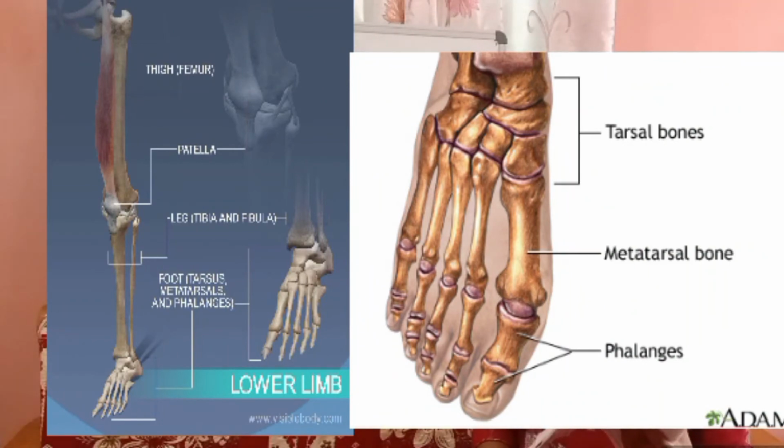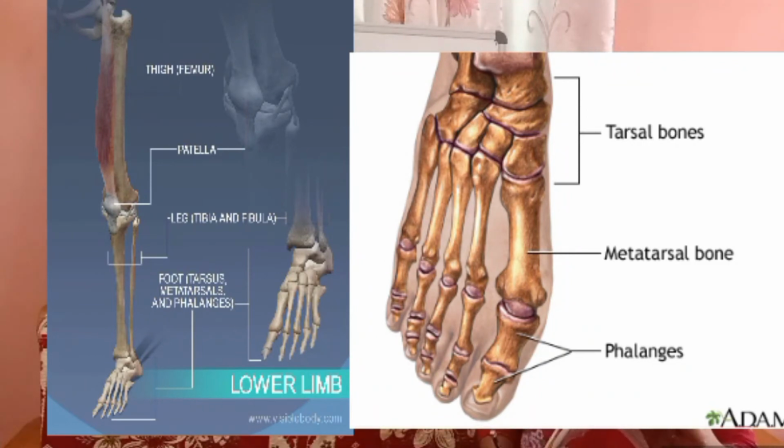The bone present there is known as the fibula. The lower leg consists of 2 bones. You can see there, the tibia and the fibula. They are the 2 bones that form your lower leg. The upper end of the tibia forms the knee joint with the femur. You can see there.